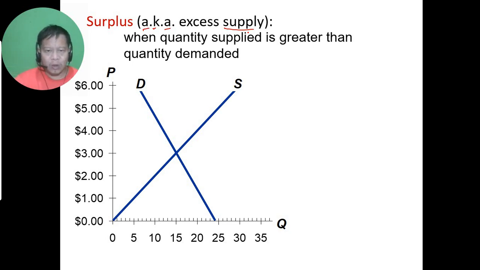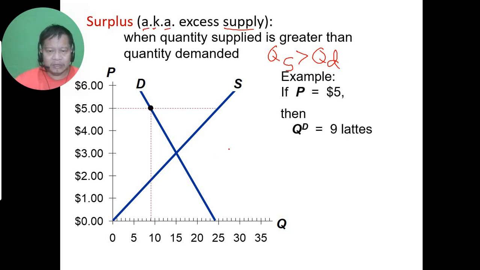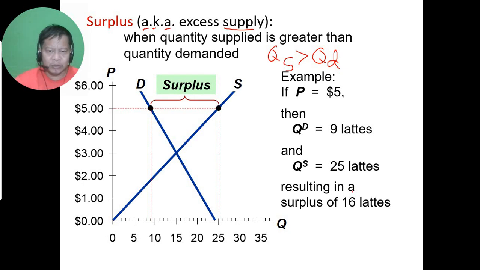So, surplus is when the quantity supplied is greater than the quantity demanded by the consumer. If what the seller or producer supplies is more than the quantity demanded by the consumer, then there is always a surplus or excess, no? In this particular example, no?